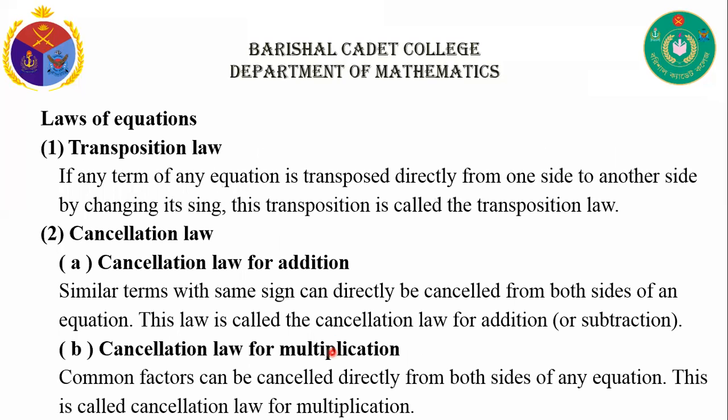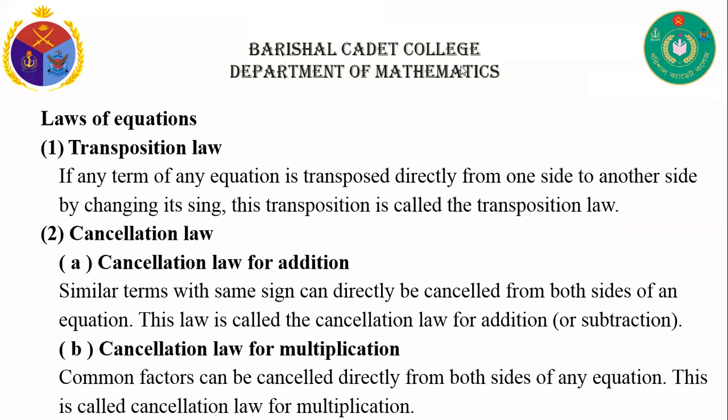Okay, boys. Now laws of equations. Transposition law: if any term of an equation is transposed directly from one side to the other side by changing its sign, this is called the transposition law. That means we transfer terms from left hand side to right hand side or right hand side to left hand side.